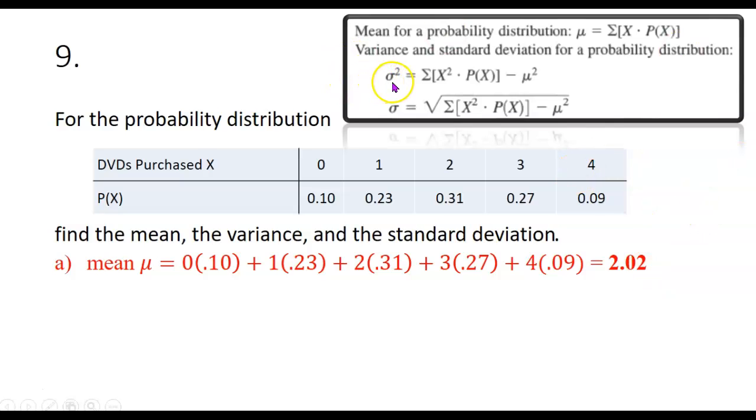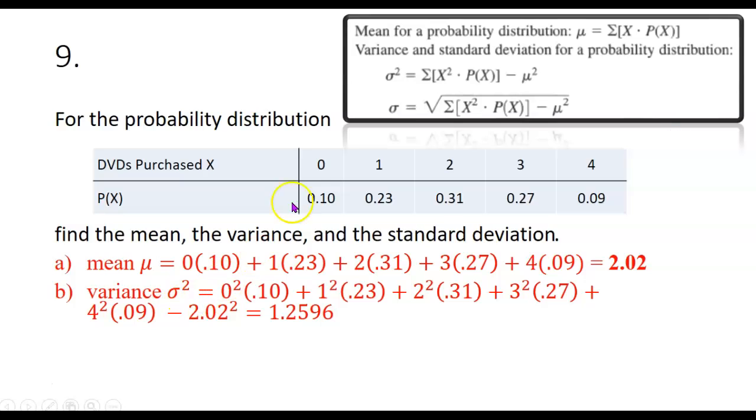Now the variance is the sum of x squared times p of x minus mu squared. So remember what that is telling us to do. We have to take each number on top, each x, and square it, and then multiply that by the probability, add those up together, and then at the end, subtract the mean squared.